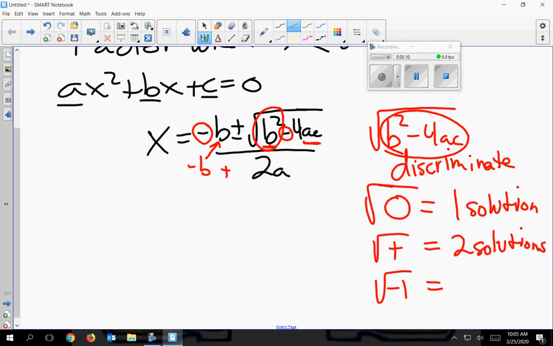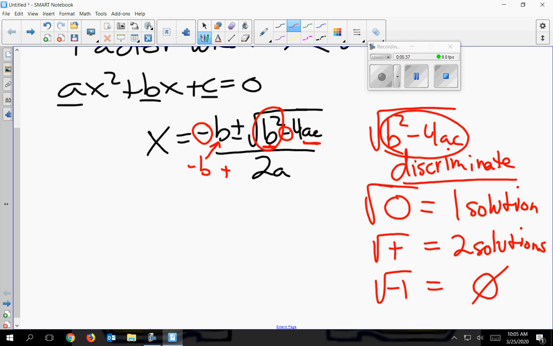So I will get no solutions if I get a negative answer. But that's after I do all the math and stuff like that. So the discriminant tells me how many answers I'm going to get. So in some other math classes, you work with the quadratic formula, but I might just work with the radical to determine how many answers I get. It won't tell me what they are, but it'll tell me how many I get, okay?